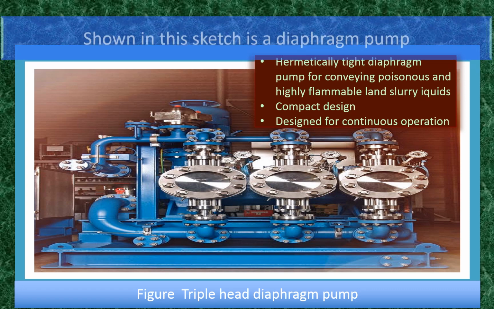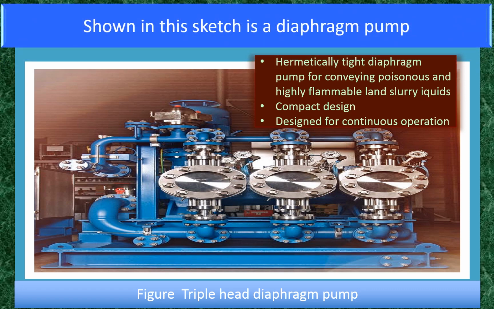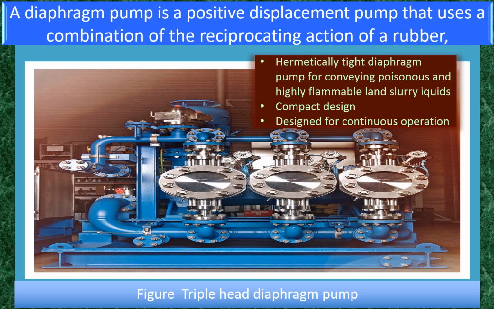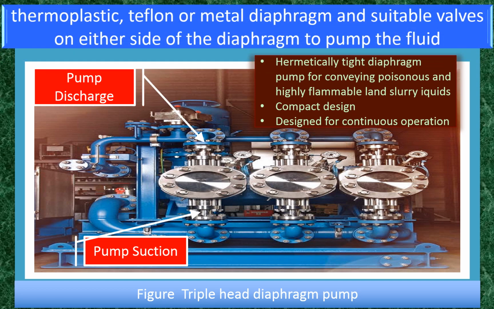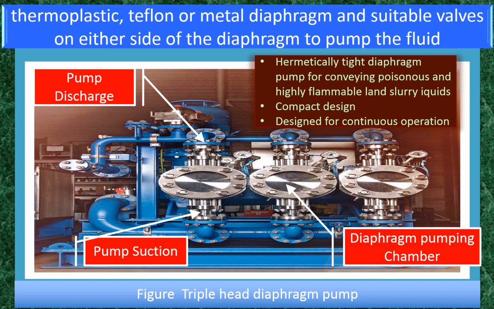Shown in this sketch is a diaphragm pump. A diaphragm pump is a positive displacement pump that uses a combination of reciprocating action of a rubber, a thermoplastic, or Teflon, or a metal diaphragm, and suitable valves on either side of the diaphragm, like check valve or ball valve, to pump a fluid.